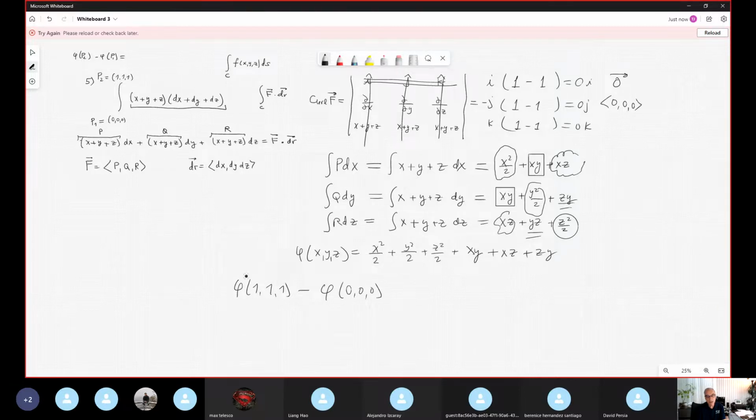That's obvious. When you plug in 0, the answer is 0. So that part is 0. But that part, no. That part is 1/2 plus 1/2 plus 1/2 plus 1 plus 1 plus 1, and the answer is 9/2. Boom. Any question? What part is confusing?